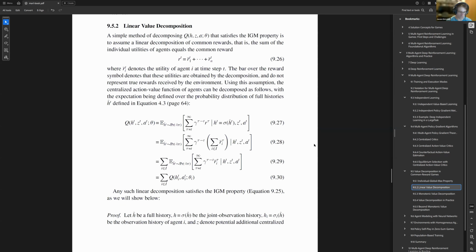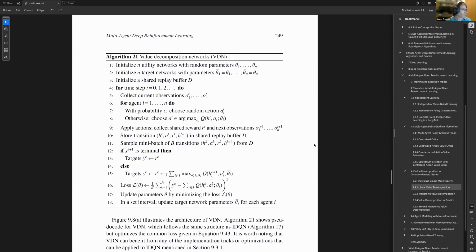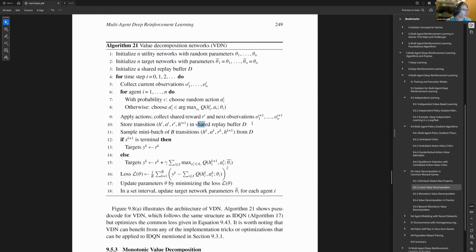But for this algorithm, the replay buffer has to be shared, and we do have to worry about having the appropriate observation for each agent here. But the reward signal is going to be the same across all agents. So these inputs will differ right here. There's no h sub i here.